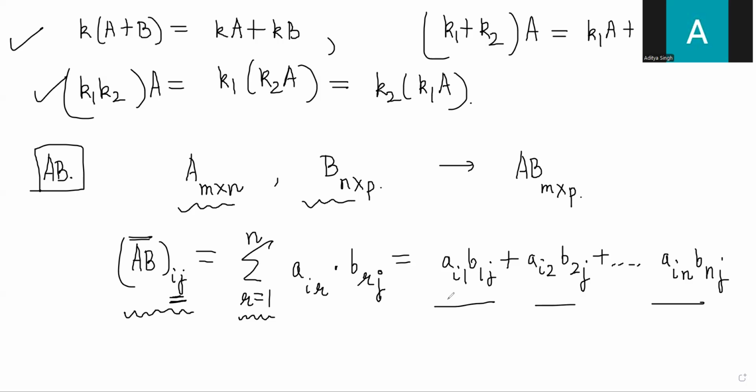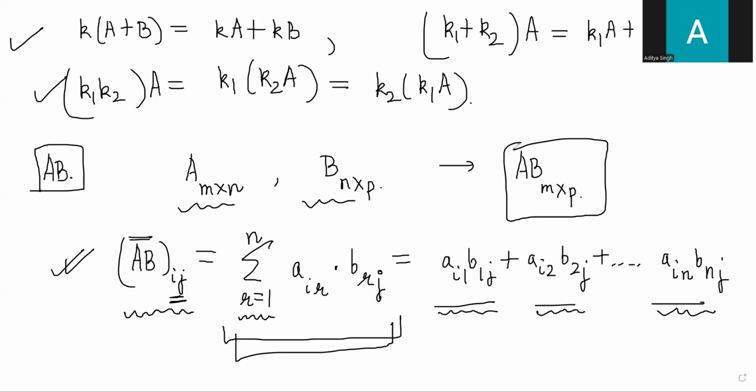Correct? Yes, sir. यही प्रोसेस हम लोग करते हैं जब मल्टीप्लिकेशन करते हैं मेट्रिसेस का, but you need to be able to write it like this and understand how this summation is working, right? This gives us the I comma jth element of the product matrix.